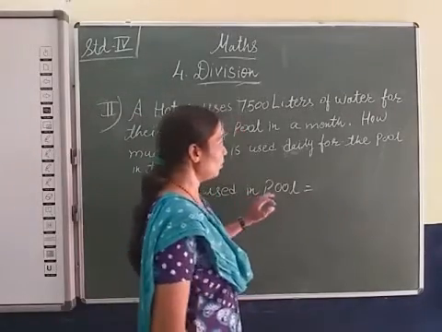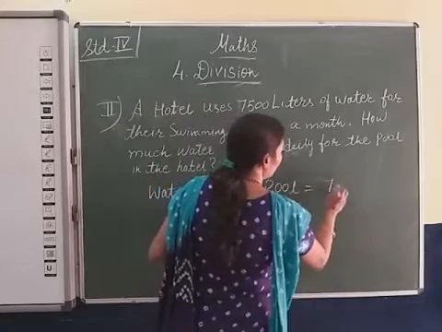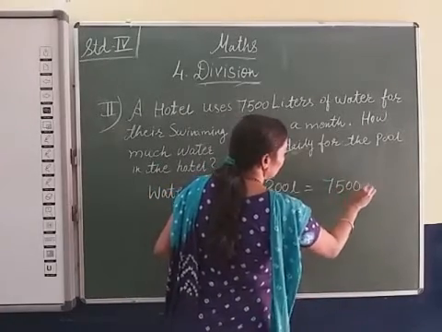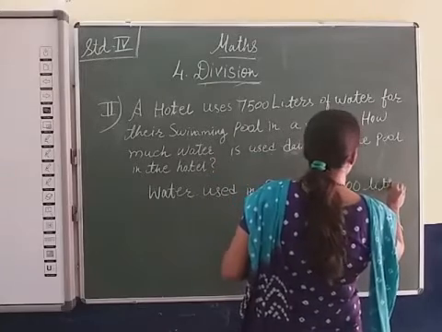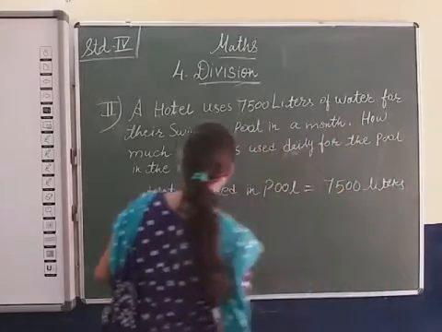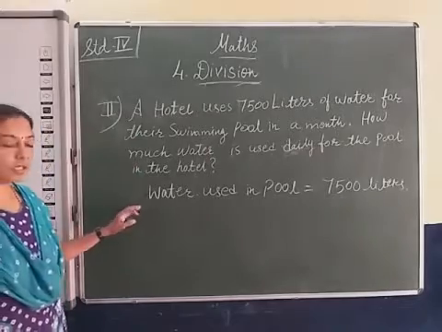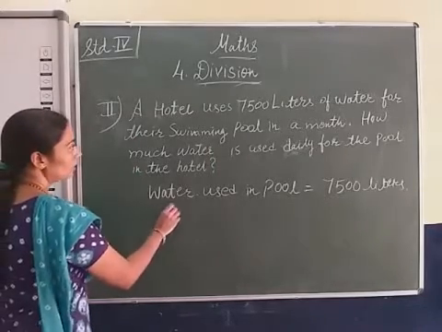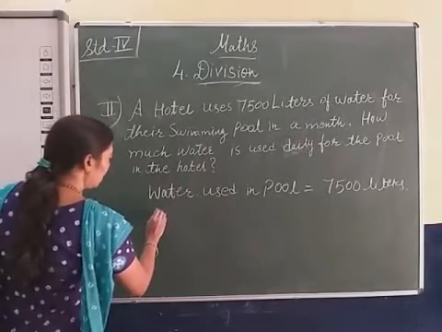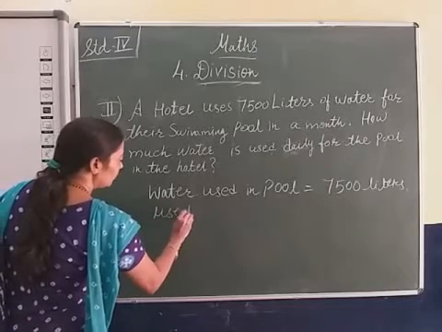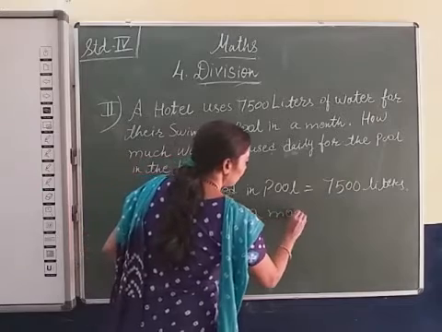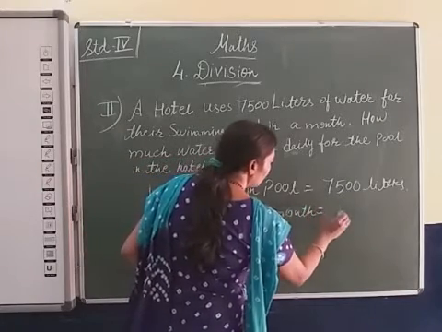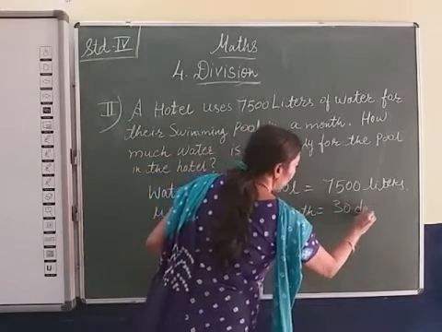Water used in pool: 7,500 liters. And the second information given here is that it was used for a month, that means 30 days.